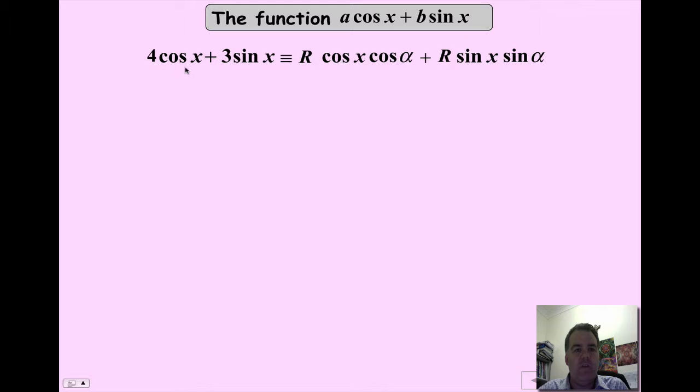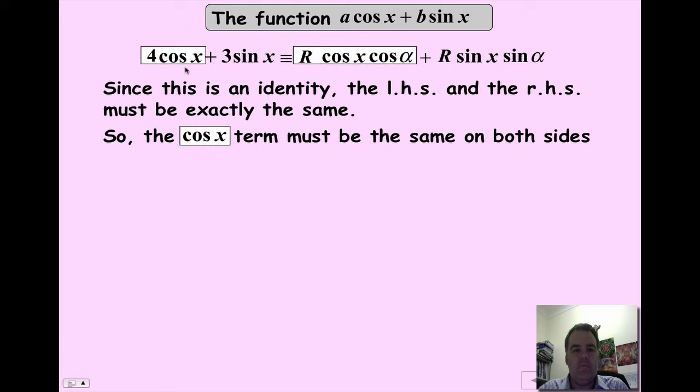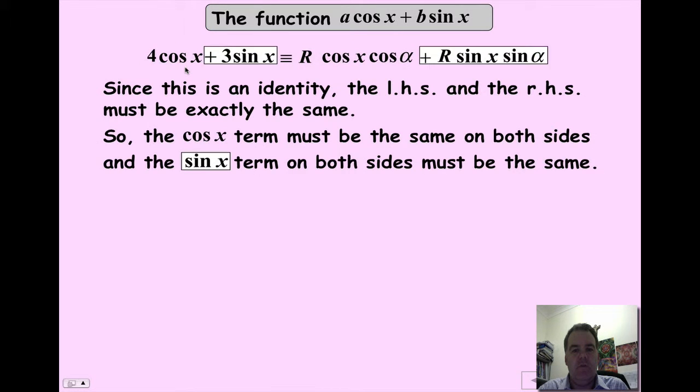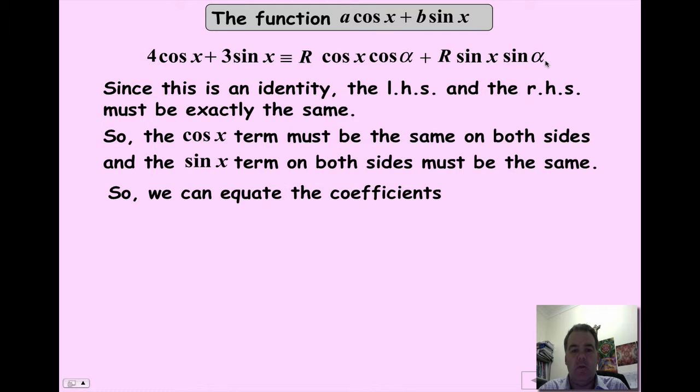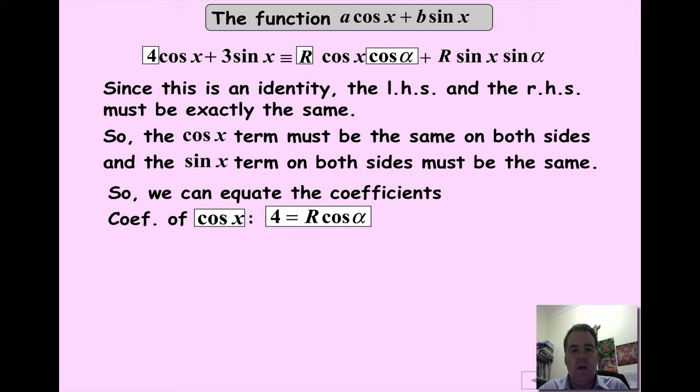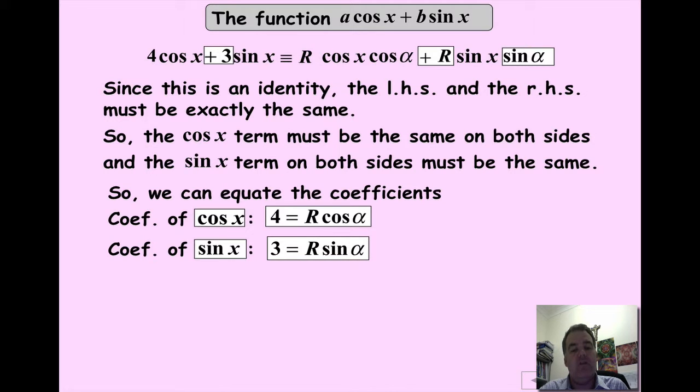So those two things must be the same. If we do that for the sine values as well, the number in front of sin x on the left is 3, and the term associated with sin x on the right is r sin alpha. So those two things must be the same, and we get these two equations.